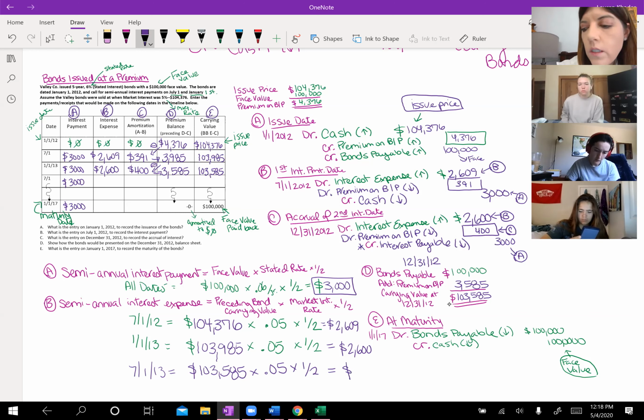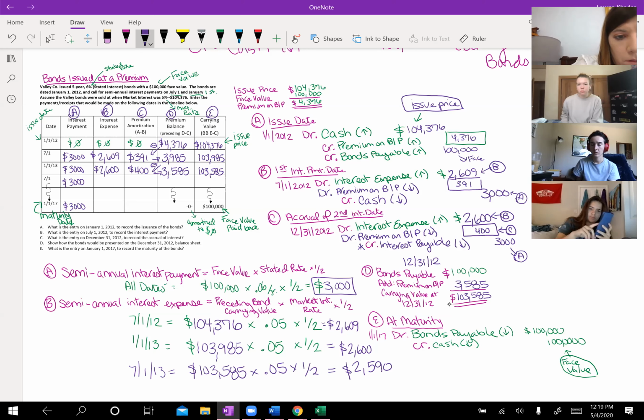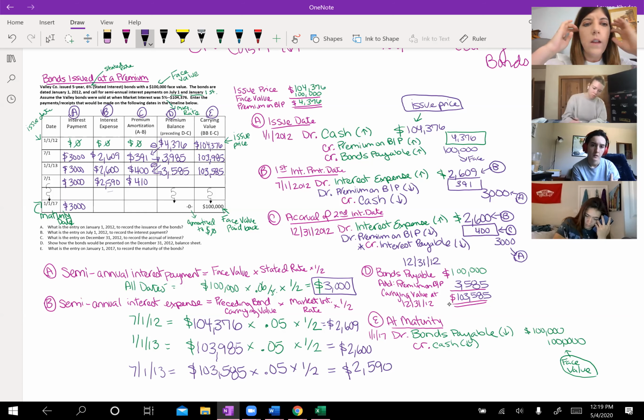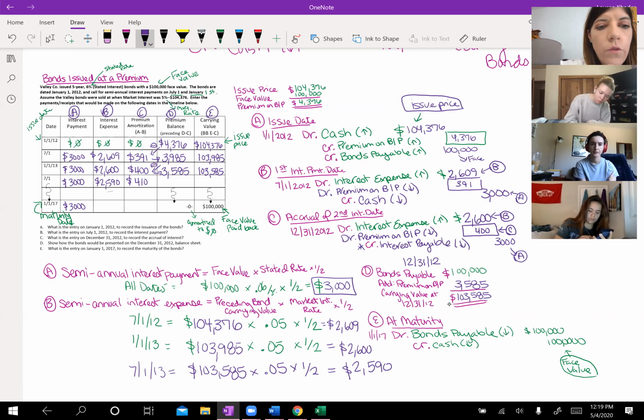And we have interest expense of $2,590. I'm going slightly faster just because I know that I have a minute left. Is that okay? Yeah, it's fine. Okay. The difference between interest paid and interest expensed, 3,000 versus 2,590. And premium amortization is going up as we reach towards maturity. So it's 410.